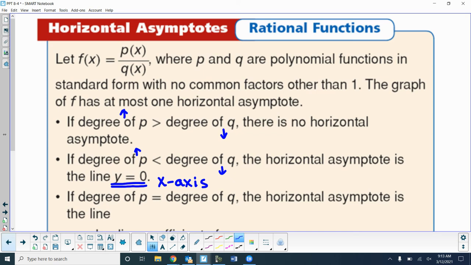If the degree of P, the top one, is less than the degree of Q, the bottom one, the x-axis, y equals 0. That's what happened in this example.